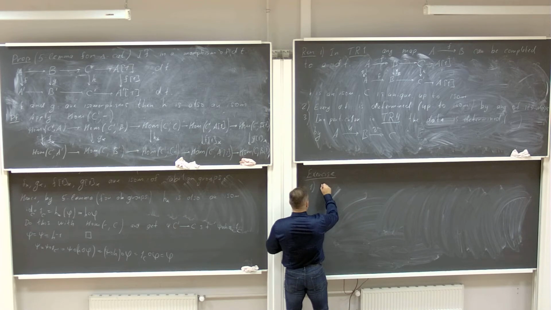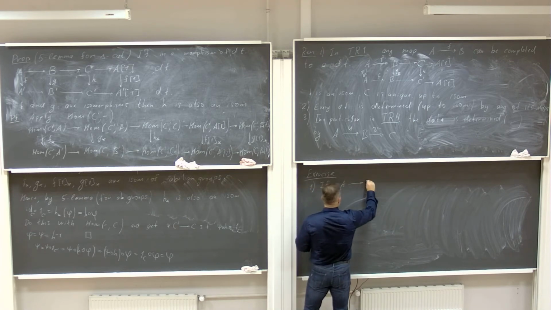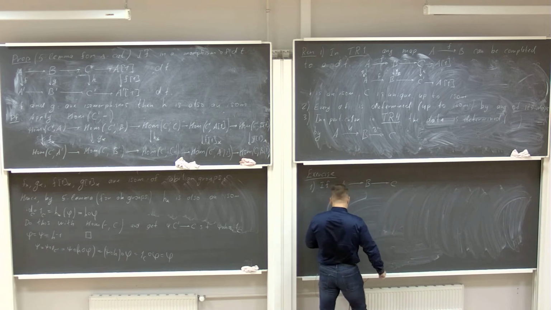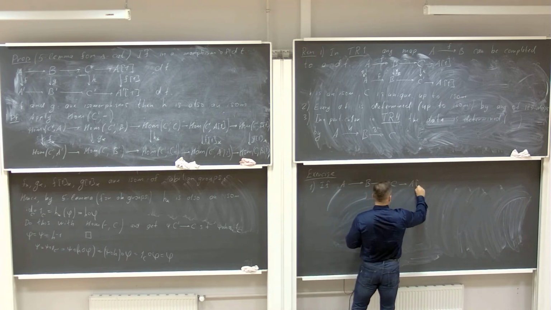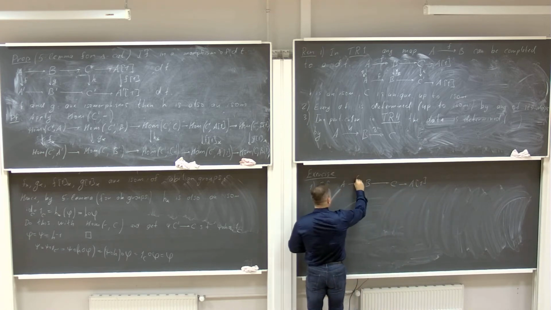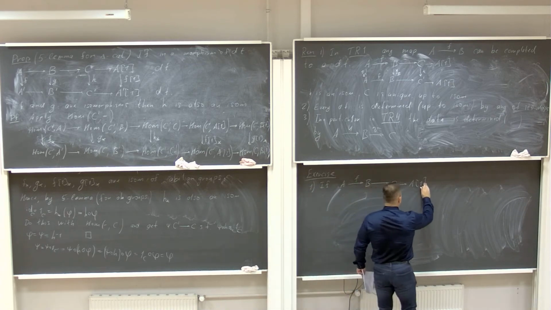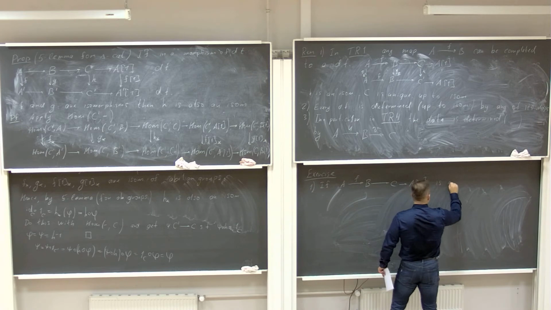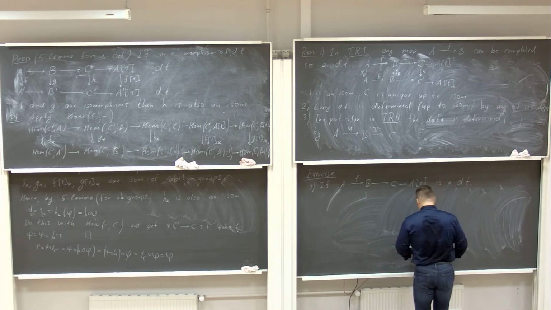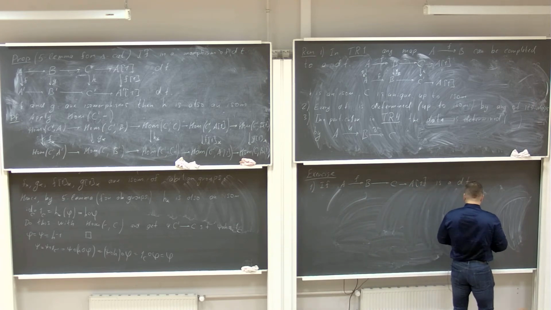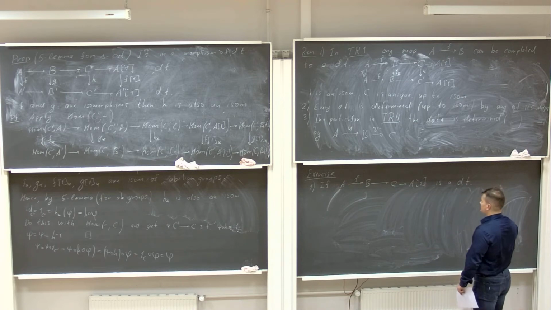Suppose you have a distinguished triangle, with A, B, and C, with the map F from A to B. So let me change this a little bit.